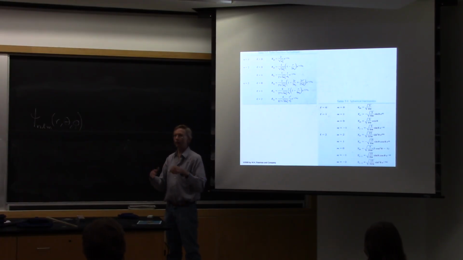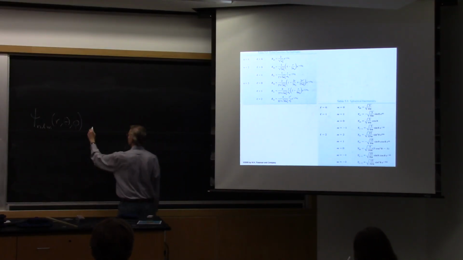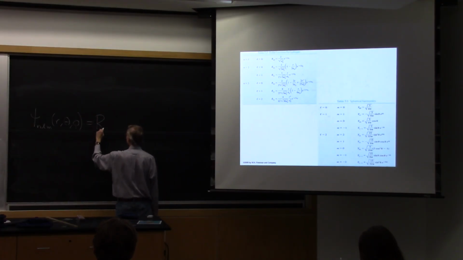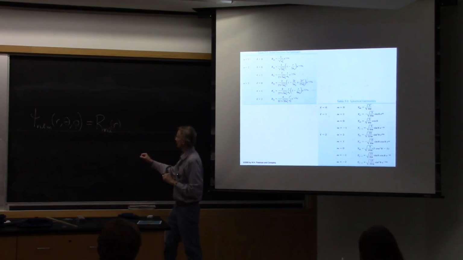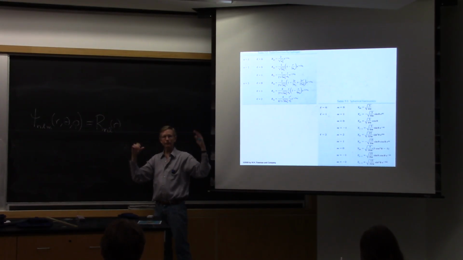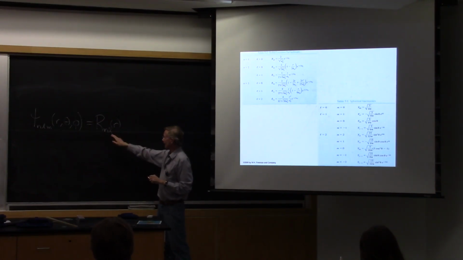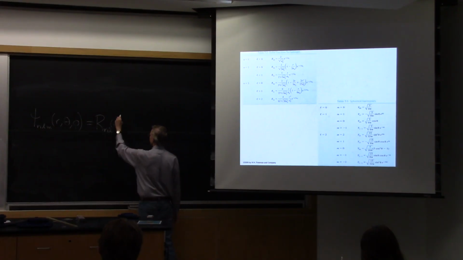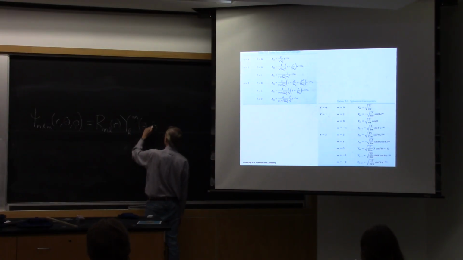It's psi star psi that gives the probability of finding the electron at or near a given location, and it breaks down into R_nl(r), a function that depends only on the radial coordinate, the distance from the center, labeled by two quantum numbers, n and l, and then Y_lm of theta and phi.